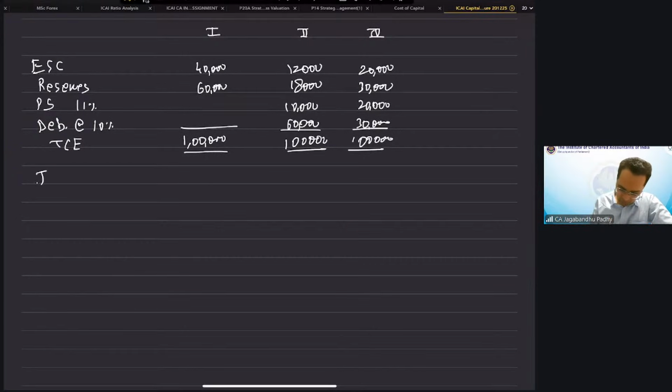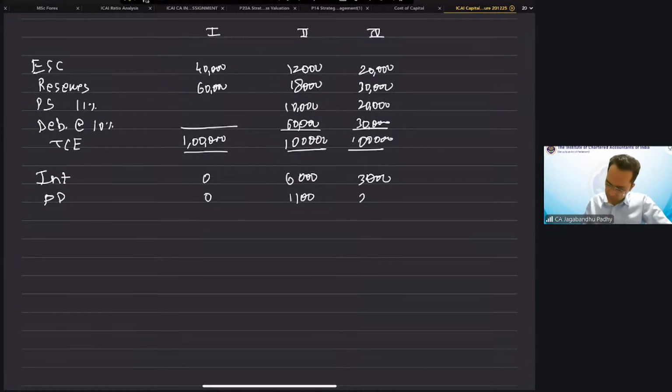Now here we can say the amount of interest, it is 0, here it is 6,000, here it is 3,000. Preference dividend is 0, 1,100 and 2,200. Right guys, that's your preference dividend.